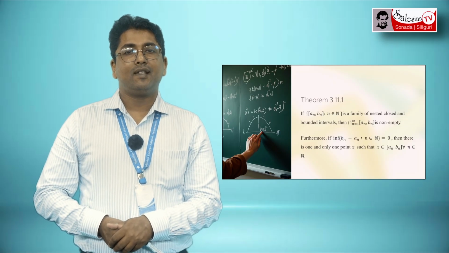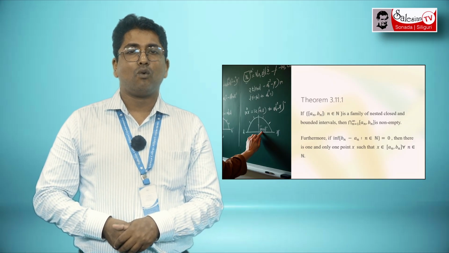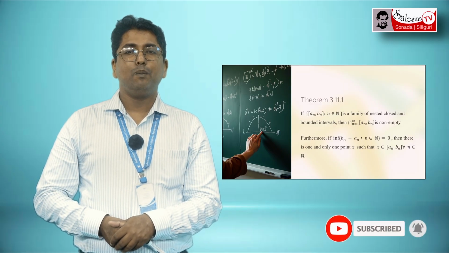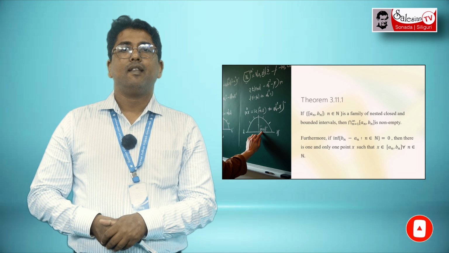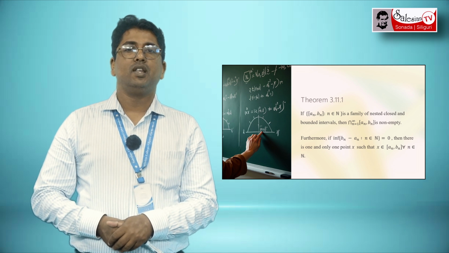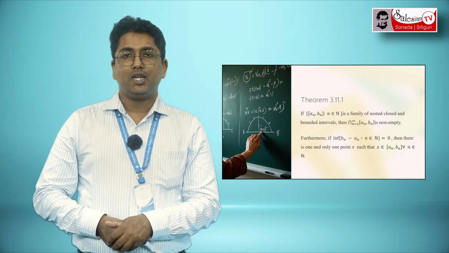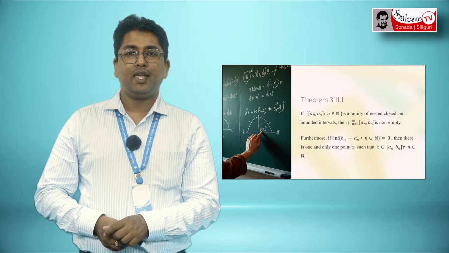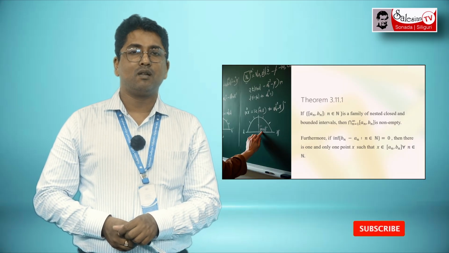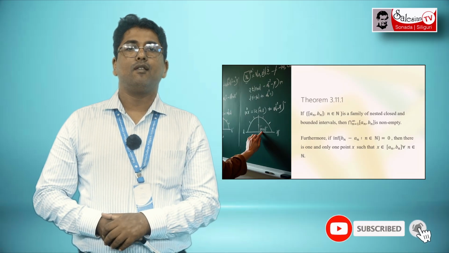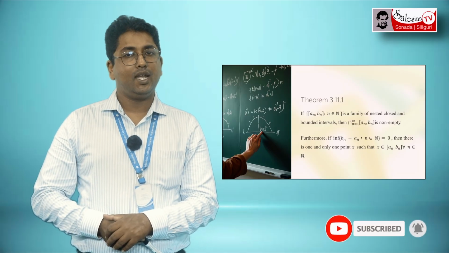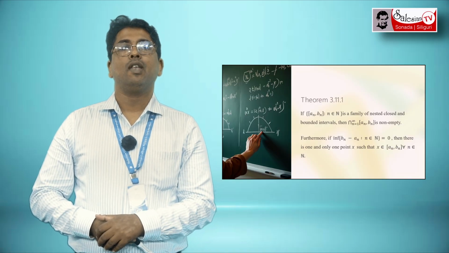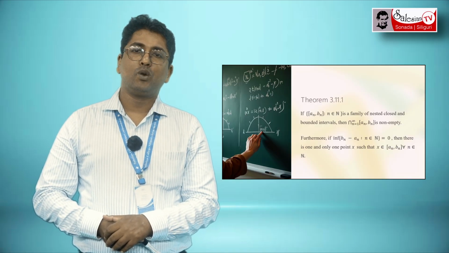Furthermore, this theorem has two points. Furthermore, if the infimum of the length, that is the infimum of bn minus an such that n belongs to the natural numbers, is 0, then there is one and only one point x such that x belongs to the intersection of [an, bn], with n ranging from 1 to infinity.